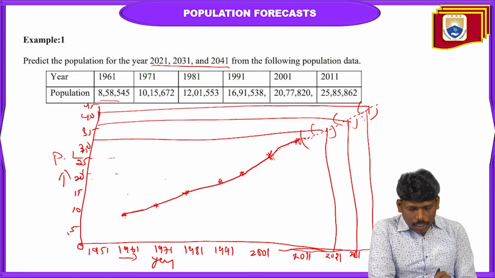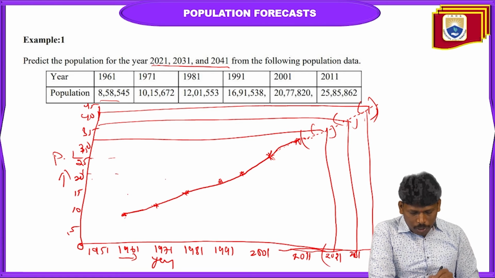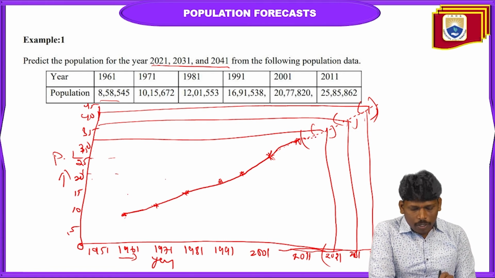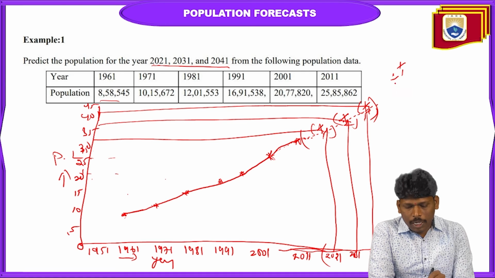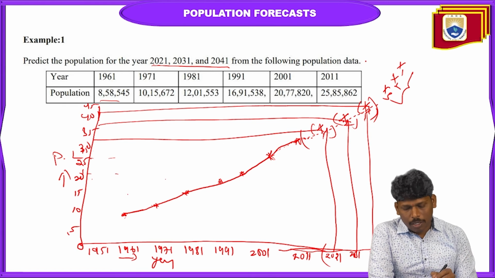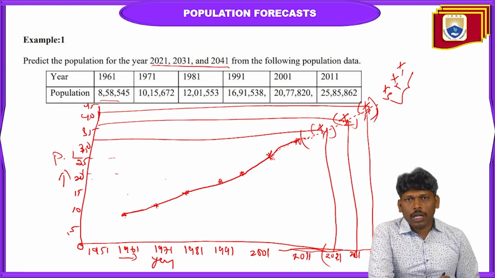This data line is extended to obtain the values for 2021 to 2041, because we already know the values till 2011. So then some x1, x2, x3 values I'll get here. These x1, x2, x3 populations we must compare with similar cities, to see how they estimated the population for 2021, 2031 and then 2041.